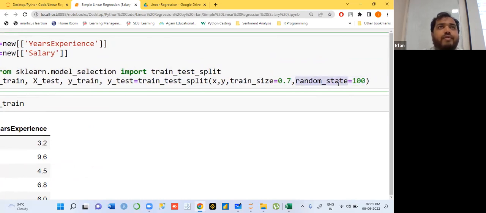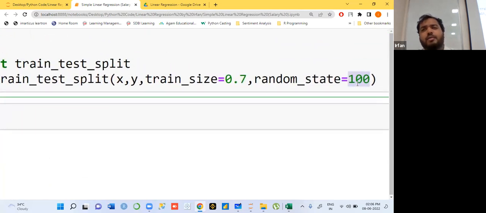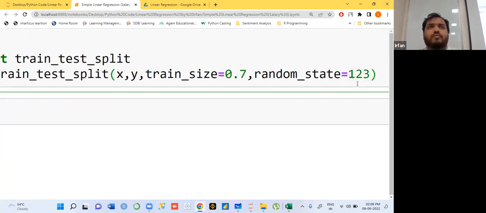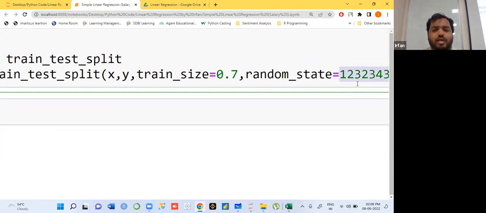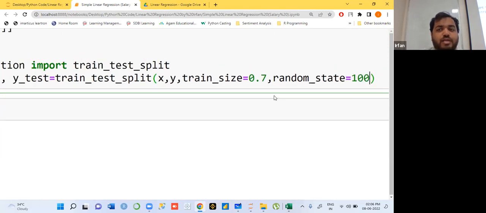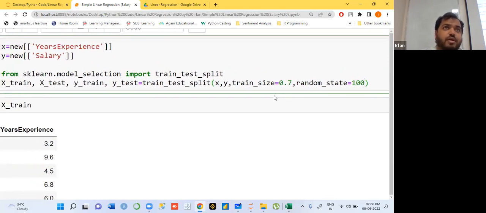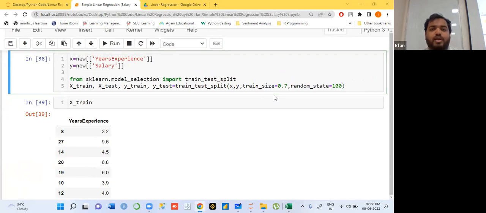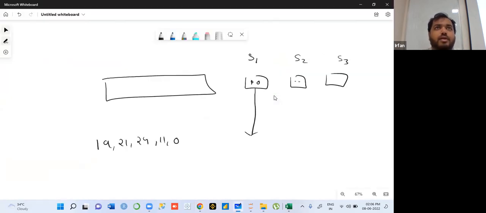Random state is used for fixing. What is the bogie number I've written? 100. It's just a location in the laptop. You can write any number, 1, 2, 3, 4, 5, 6, any number. Whichever number you specify here, every time you have to specify the same number. If today I specify 100 and tomorrow I change the number, the data will change. If I need people of bogie number S1, what should I write?